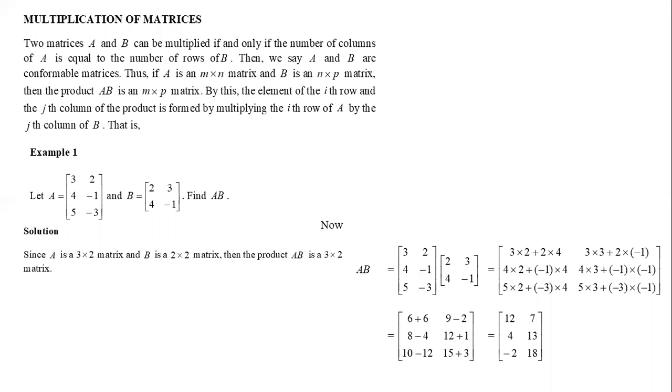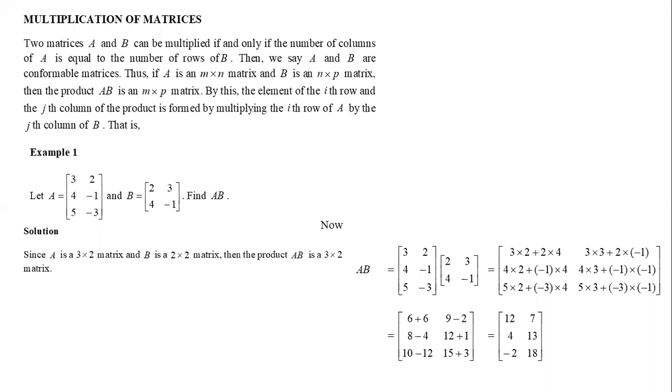Now, look at it. I'm using the column of A to multiply the row of B. The first column of A is 3, 4, 5, while the second column of A is 2, minus 1, minus 3. The first row of B is 2, 3.